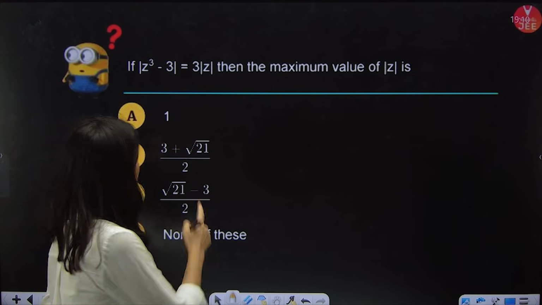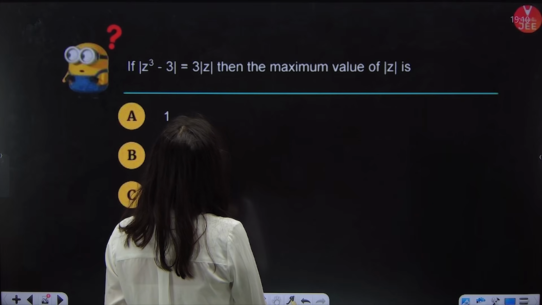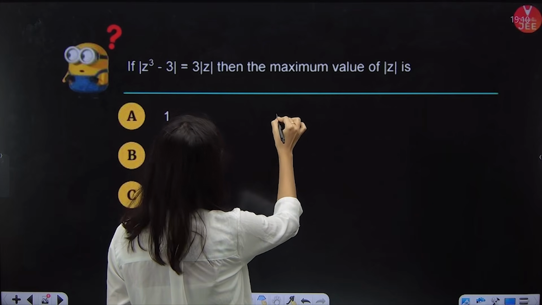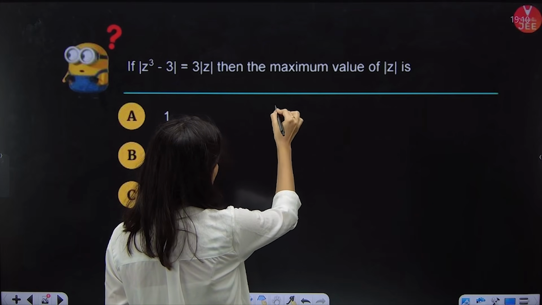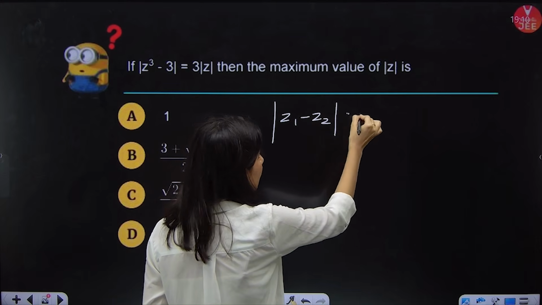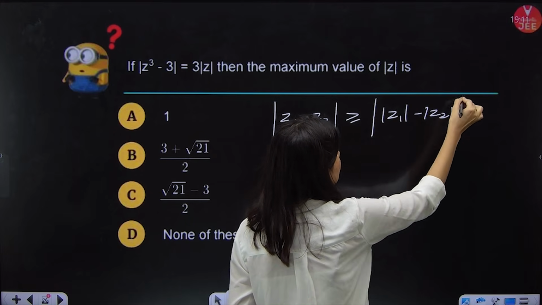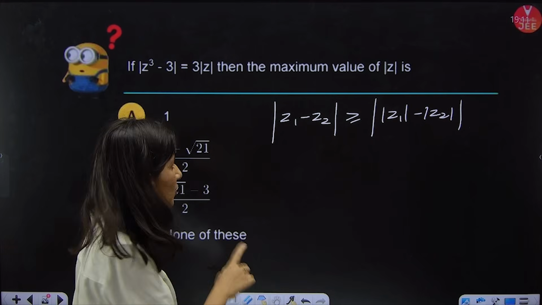Okay. So in here, mod z cube minus 3 can be written down as, so this is actually becoming what? Mod of z1 minus z2 greater than or equals to mod z1 minus mod z2. This triangle inequality I am trying to apply because negative sign is there.